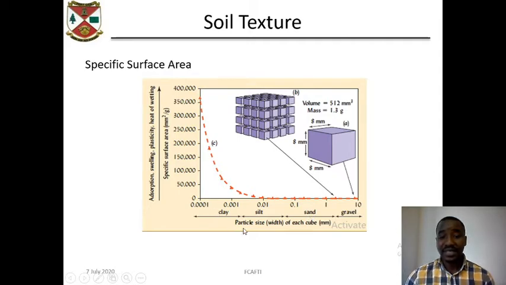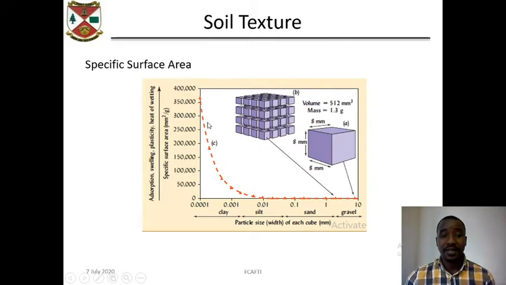In other words, the particle size increases on the x-axis from the left-hand side towards the right-hand side, and the specific surface area on your y-axis increases as you go up.